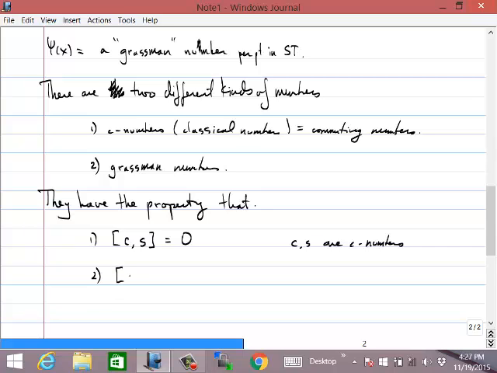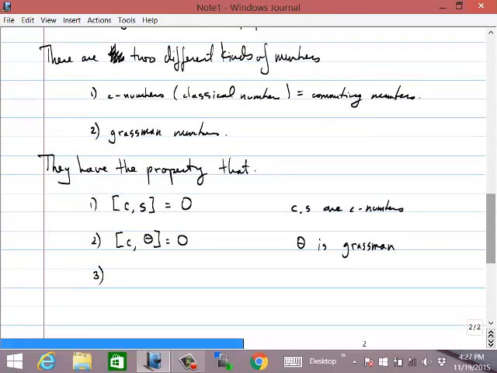A Grassmann number, let's call it theta, will commute with a C number. So here theta is a Grassmann number. But finally, two Grassmann numbers will anti-commute with one another. So theta and eta, two Grassmann numbers, will anti-commute with one another.